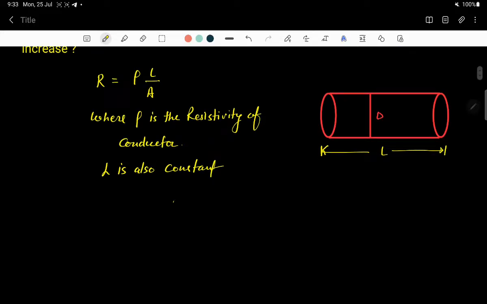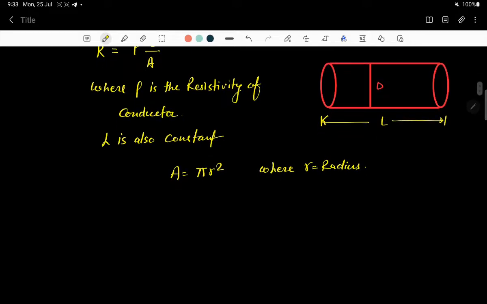So we all know that the area is pi r squared, where r is the radius. And in terms of diameter, we know that diameter is equal to 2 times the radius, so the radius in terms of diameter is d by 2.